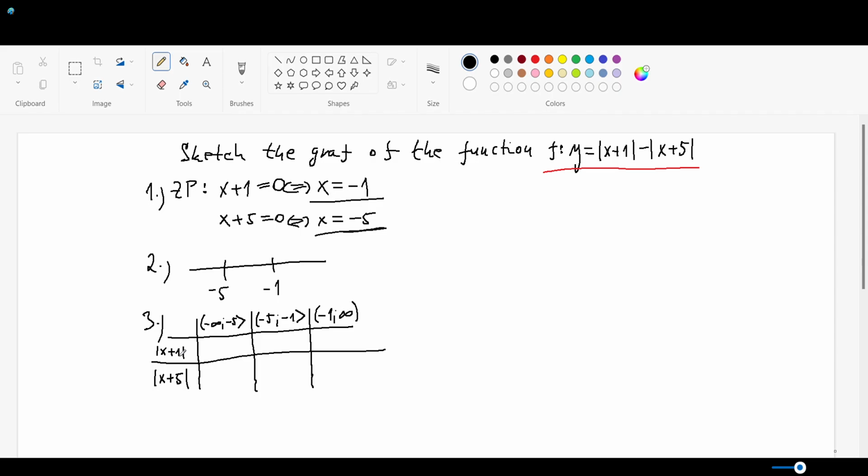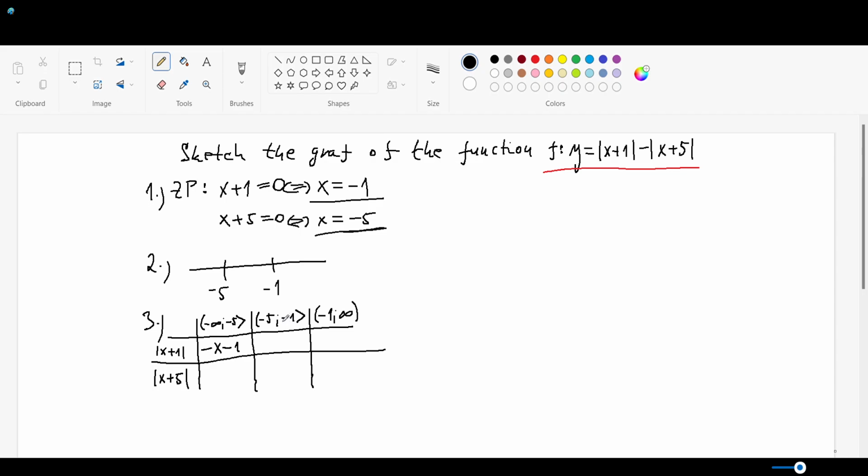So -10 plus 1 is -9, so this is a negative number, so my expression will become -x minus 1. And I will do the same for the next interval.